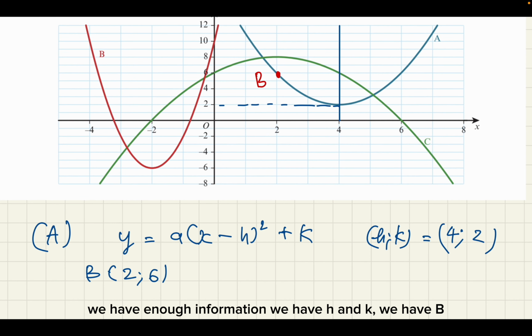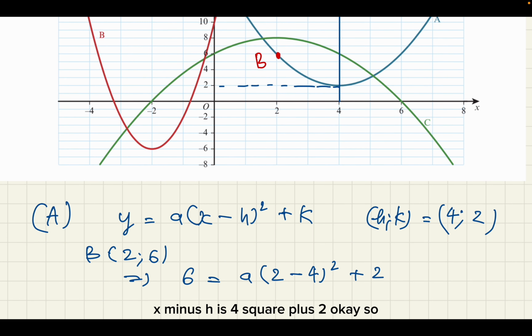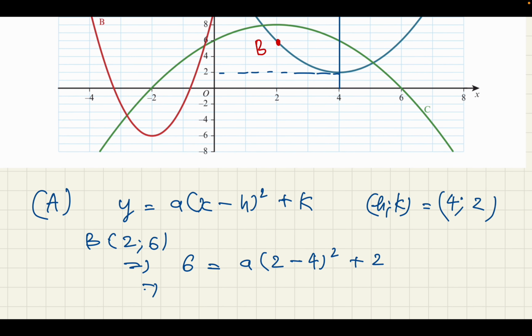We have enough information. We have h and k, and we have B. Plug them into the equation: 6 equals a times (x - h), which is (2 - 4) squared, plus 2. So 6 will be equal to 4a plus 2.